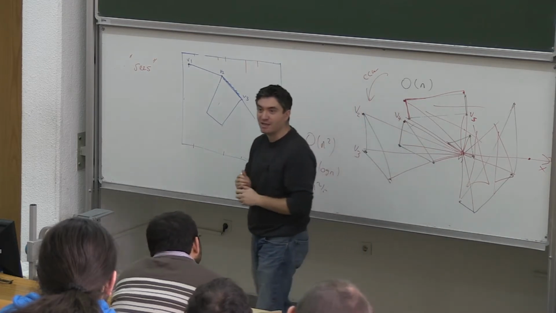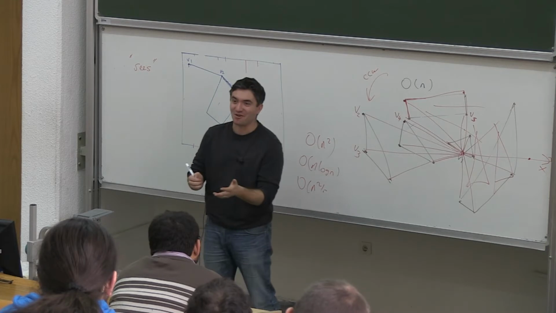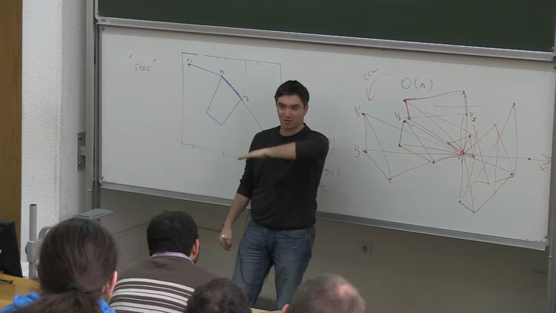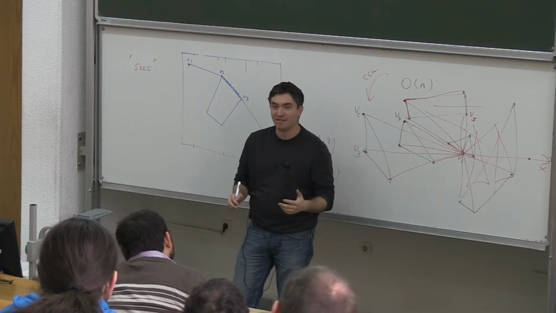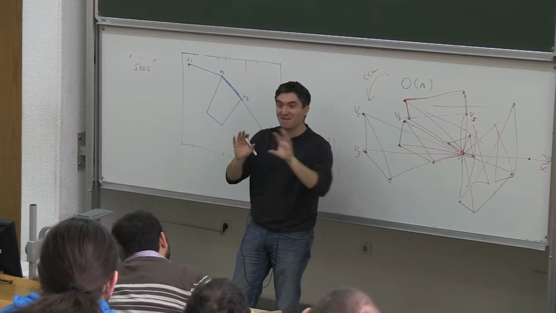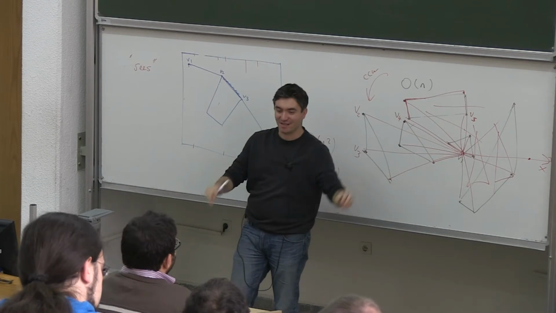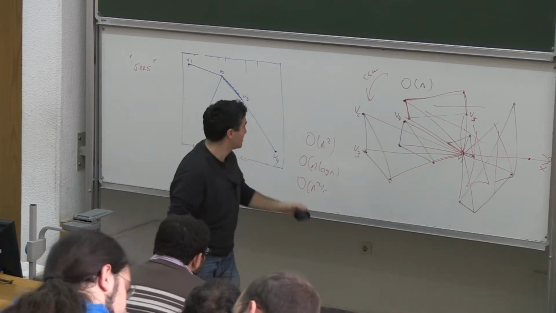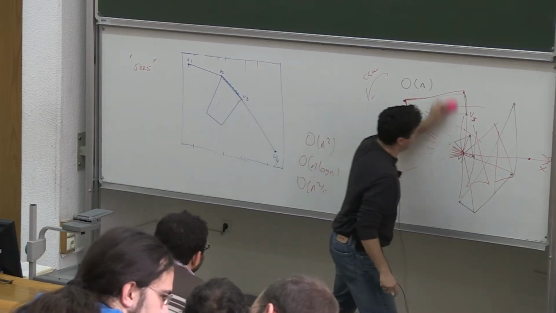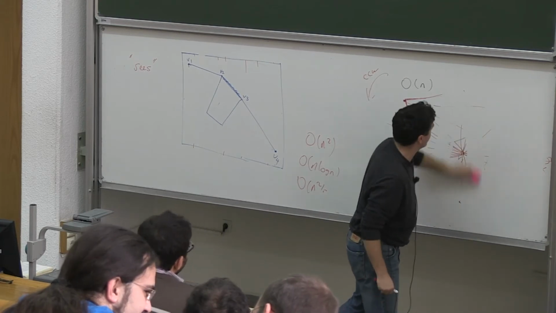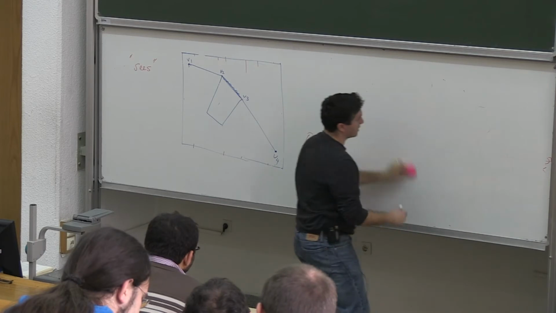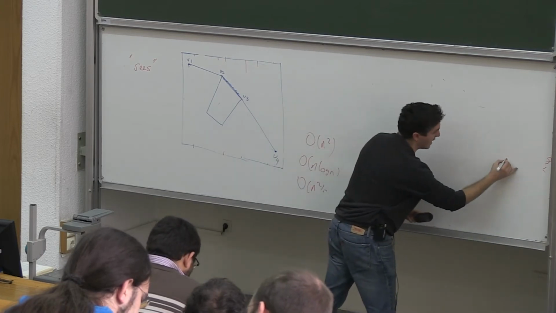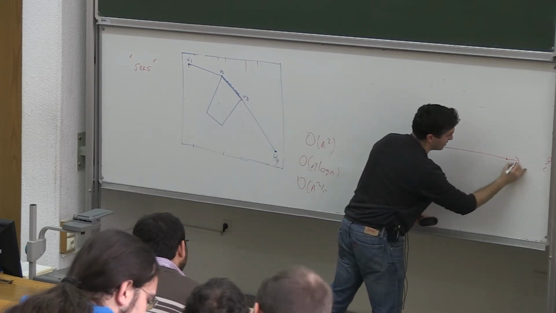The first event point, when you sort these points, there may be many polygons. Actually, you can have a case in which all the polygons are in between the first vertex and the vertex that we are trying to find. So this is the angle it makes with the x-axis.